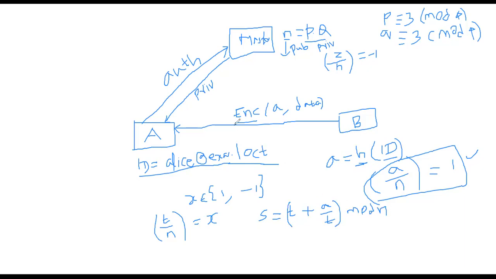There's one more thing I need to spell out. There are two components in the encryption algorithm. Let's call this S1. There's another component called S2, which is very similar: he generates another number called T2, which also has the same property that the Jacobi symbol of T2 with N is X. So he will use T2 minus A by T2 mod N. He sends that to Alice.